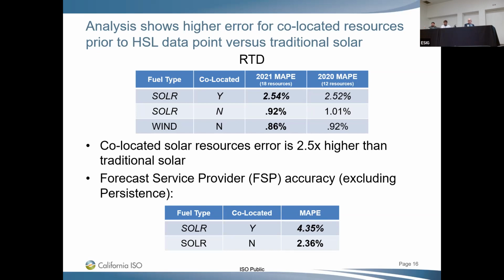But one of the things is you're limiting the amount of data points that you have that have no estimation. You can try to back into them, but you're limiting those data sets to train the models off of. We were seeing that that was overall impacting the forecast accuracy for these resources. So that happened on both sides of the house. It was something that we watched and really led us to needing to require an additional data point, which is called the high sustainable limit, or HSL.